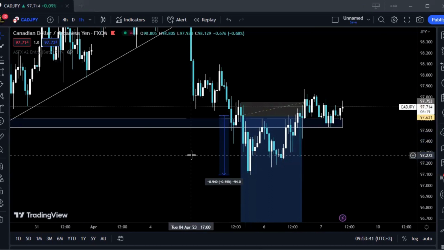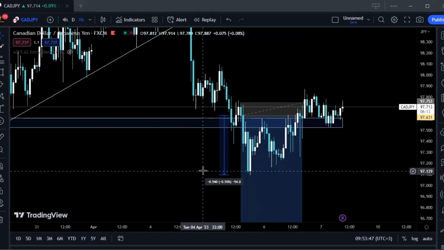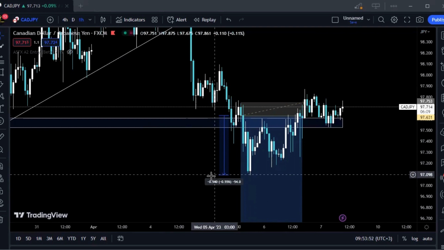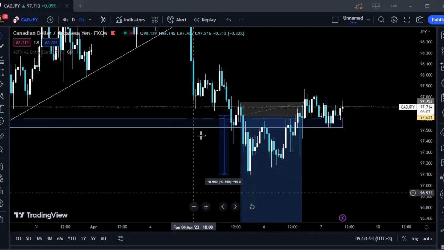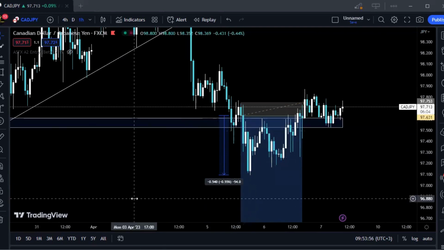So that means it was over 1:4. That means we would have made a lot of money out of this trade, because we would have secured at least half of the trade at about 1:4, because it went over 1:4R, over 4.5R, I mean. So that's what I've learned from this week's trades.